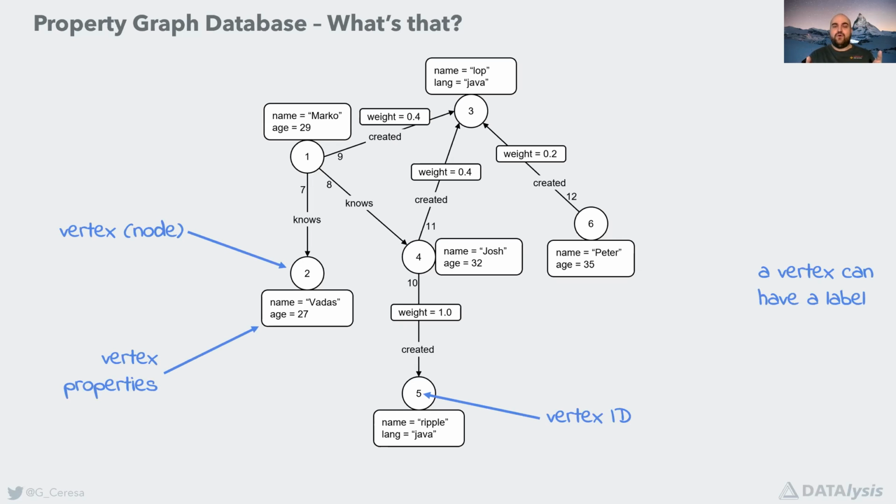In this example, we don't have labels, but a label is an attribute that qualifies the node. It generally tells you what this node is. Like if you have customers and products, the label is customer, is product, is a country. It's something that qualifies your node and easily lets you know, okay, this node is about a person, this one is about something you can buy, and so on.